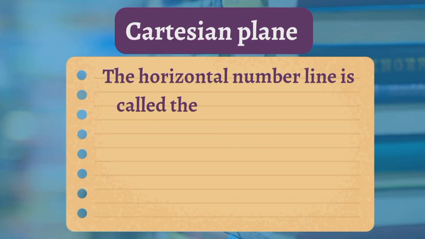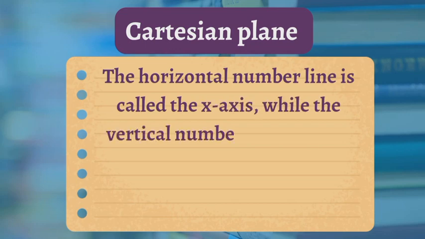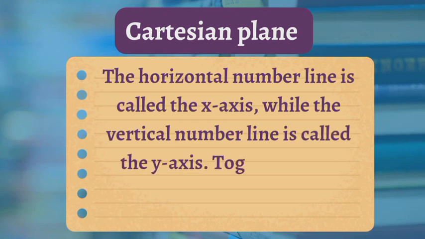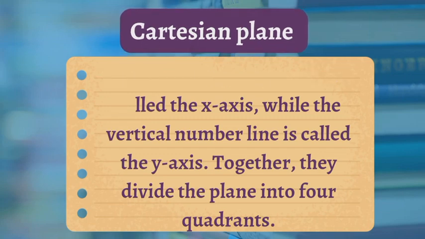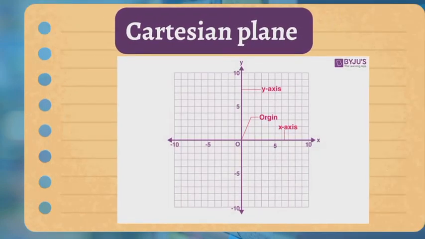Now, in that Cartesian plane, the horizontal number line, we've talked about number line before, is called the x-axis, while the vertical number line is called the y-axis. Together, they divide the plane into 4 quadrants. Later on, we shall be discussing quadrants in full.